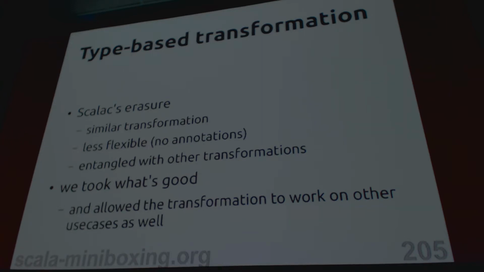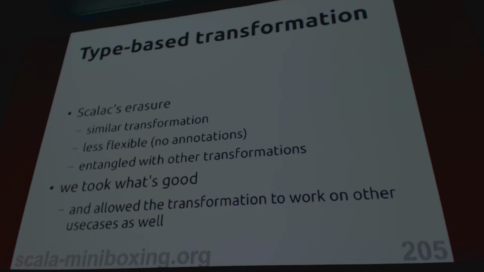Okay, so this is already done in scalac's erasure, and a very similar transformation happens there. Unfortunately, it's a little bit less flexible because it does not allow annotating the specific values that you want unboxed, and it's entangled with other transformations, so it's not really usable.